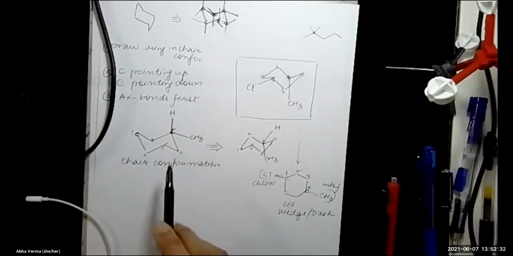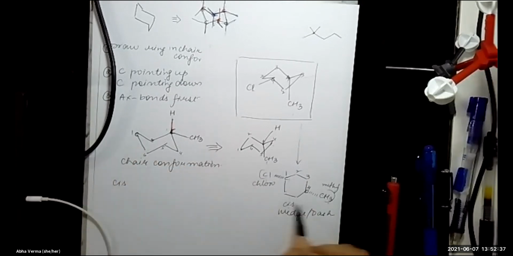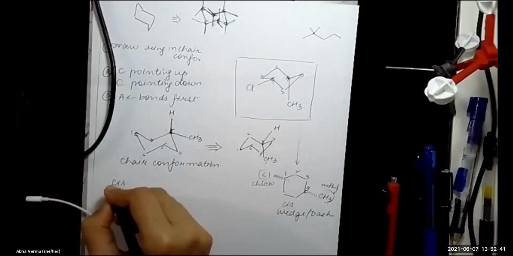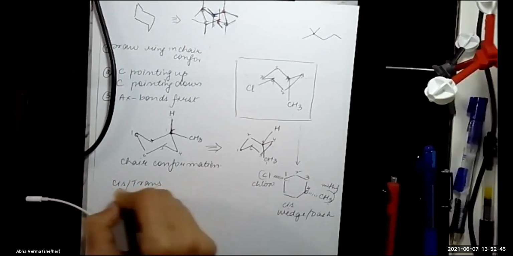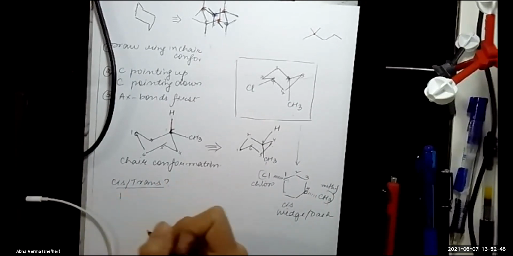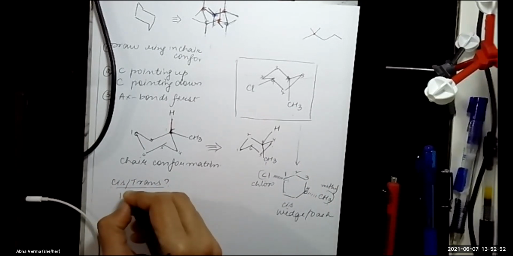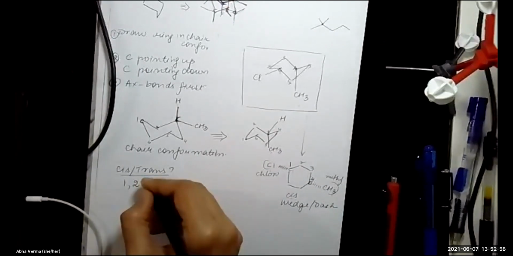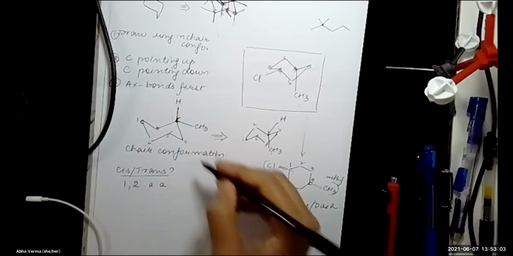So looking back at this, when you have to decide if a molecule in the chair conformation is cis or trans, always remember that a group at carbon 1 and a group on carbon 2, if they are both axial to each other, so axial, axial, how would that look like?